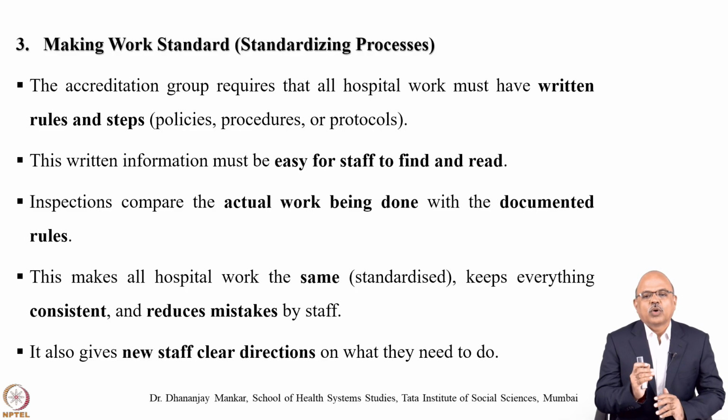If we don't have the documented rules, it is nearly impossible for the hospital team to work on it. This makes all hospital work the same, meaning it is standardized across, keeps everything consistent and reduces mistakes by the staff. It also gives new staff clear directions on what they need to do.